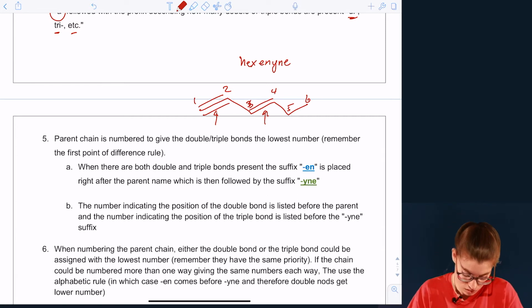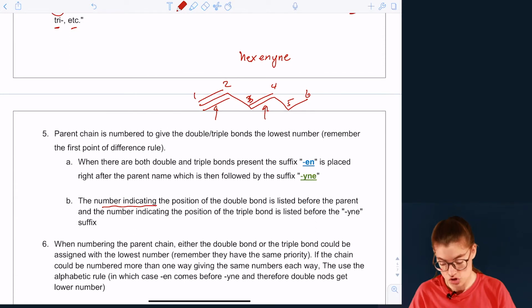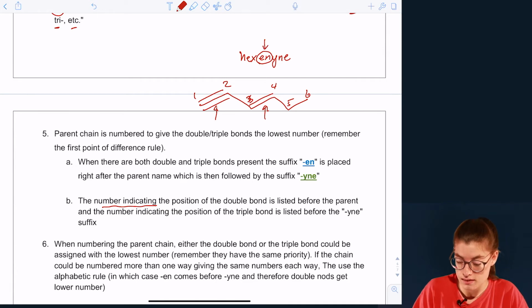Now, the number indicating the position of the double or triple bond is listed before the suffix indicating that it's a double or triple bond. What do I mean by that? What I mean is, for example, this is the suffix that tells me that there's a double bond. Okay?